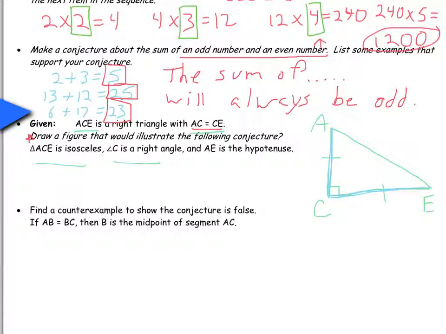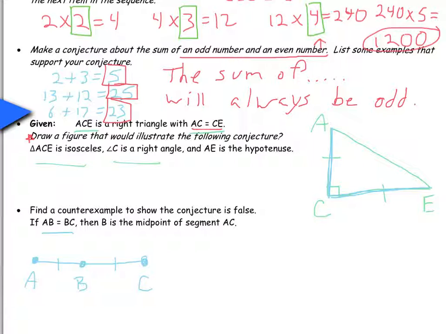Find a counterexample to show that the following conjecture is false. If AB is equal to BC, then B is the midpoint of segment AC.